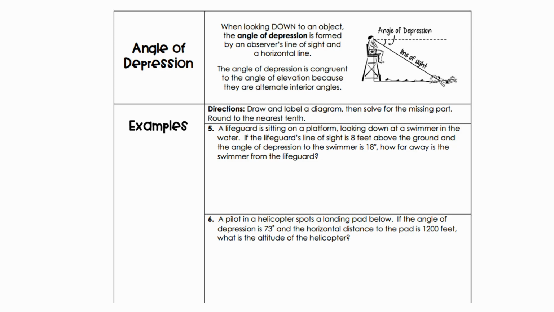So number 5, it says a lifeguard is sitting on a platform looking down at a swimmer in the water. If the lifeguard's line of sight is 8 feet above ground, so essentially we're going to have a triangle here, 8 feet above ground, and the angle of depression to the swimmer is 18 degrees. How far away is the swimmer from the lifeguard?